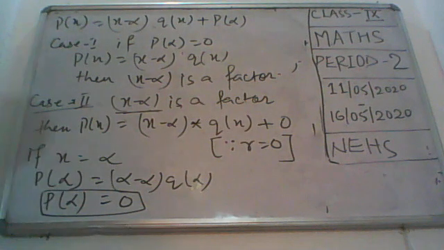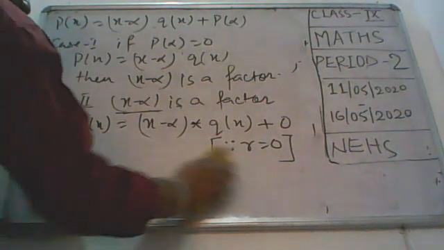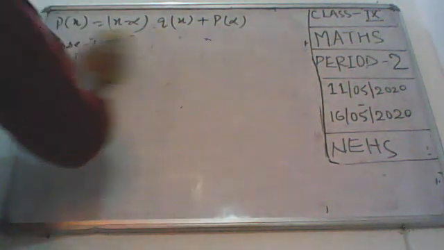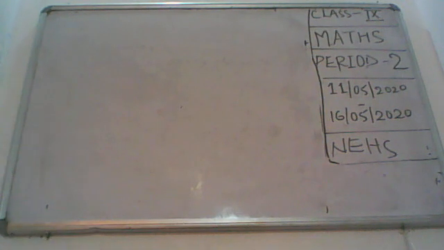Now see, 1-2 examples we'll see on this factor theorem. Basically both are the same, remainder and factor. Only one difference is there: in one the remainder comes 0, in the other the remainder doesn't come 0.